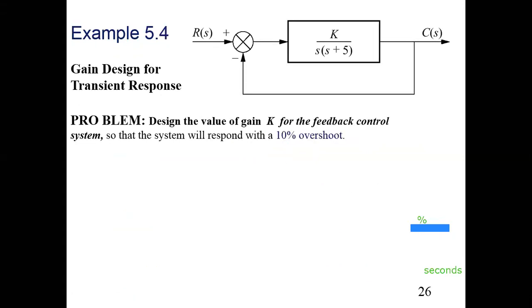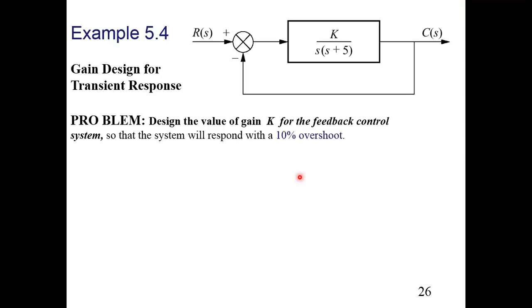Now let us do the second example. In this example, we are given the closed loop feedback system. Because this is a design problem, we have been given the parameter of 10% overshoot.